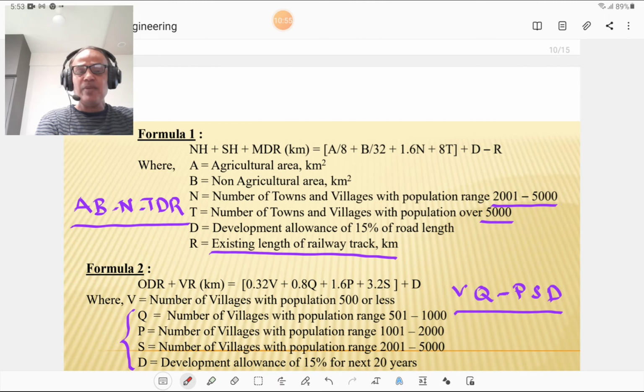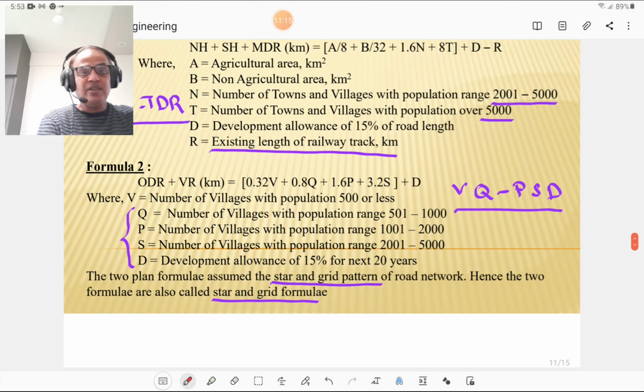The second formula is formulated for other district roads and village roads, and that formula is ODR plus VR is equal to (0.32V plus 0.8Q plus 1.6P plus 3.2S) plus D, where R is not considered, as railway length is not considered for this formula. V is the number of villages with population 500 or less.